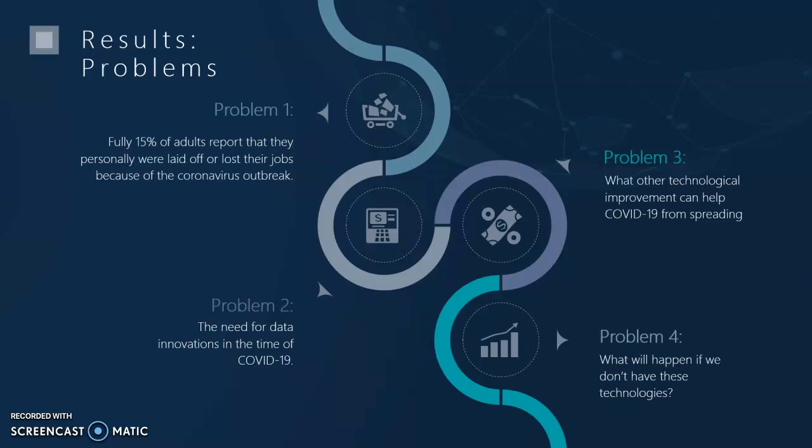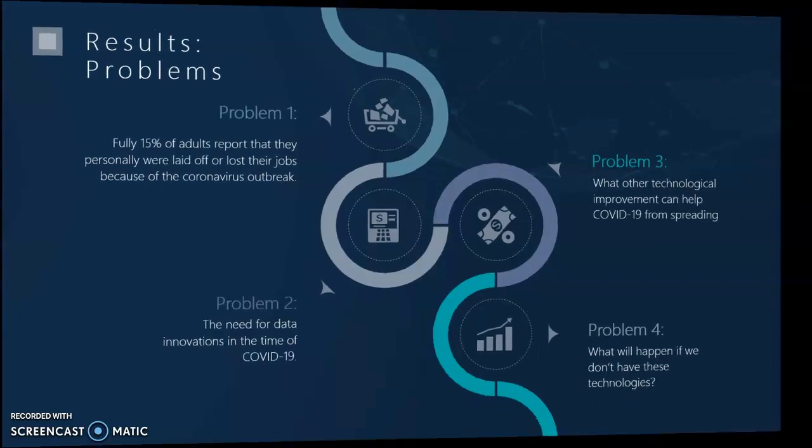Like, what are other technology improvements that can help stop COVID-19 from spreading? And the last question I would like to ask myself is what will happen if we don't have any of these high techs?